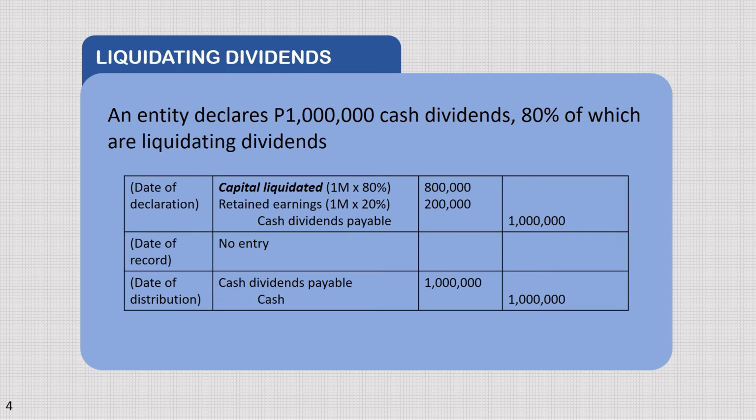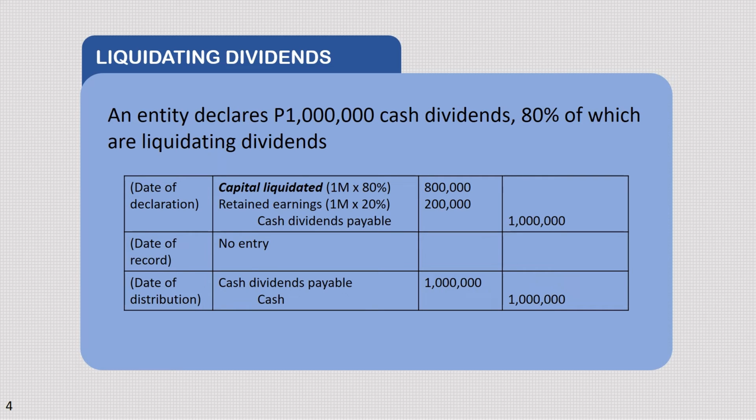Sa credit side naman is cash dividends payable na 1 million. Sa date of record, wala tayong ilalagay na entry. Sa date of distribution naman, ang entry natin is debit cash dividends payable na 1 million at credit cash na 1 million.